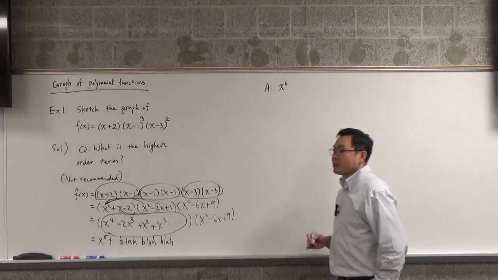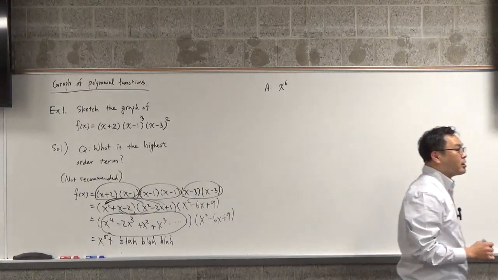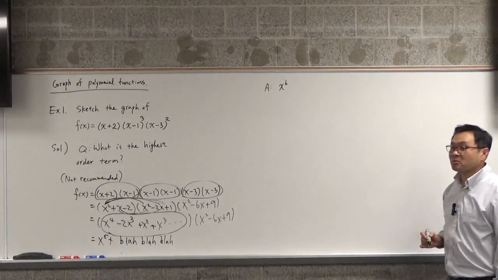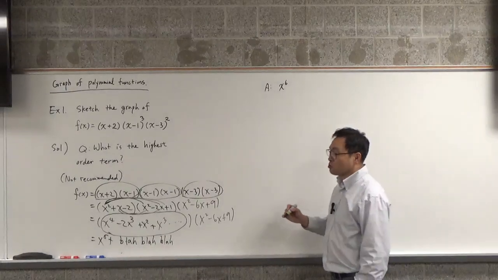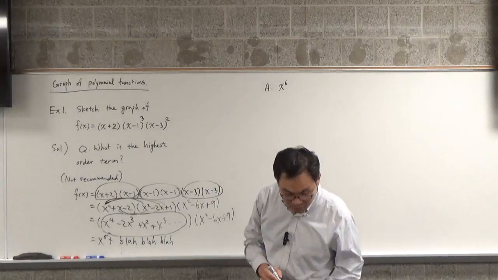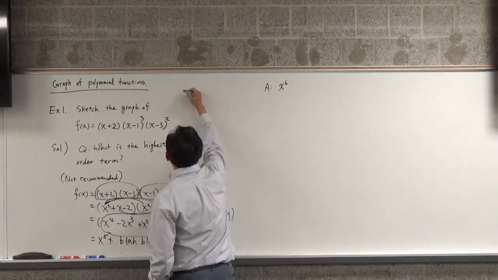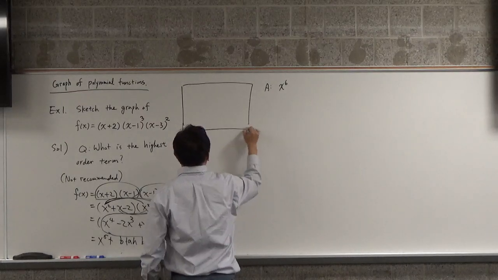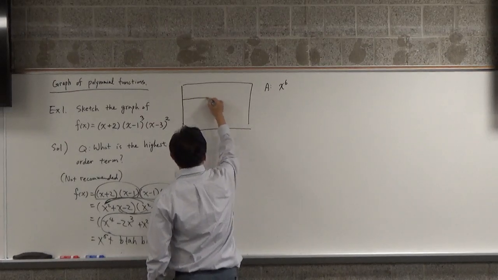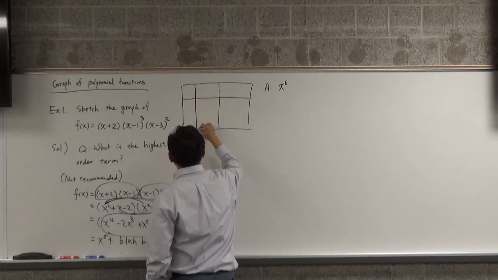Now we're interested in the highest order term because knowing the highest order term allows you to determine the end behavior. So let me first draw a chart for you to see, and then explain what it means for the graph. Okay, so the end behavior chart. And by the way, you don't have to memorize this because we're going to find another way to figure this out.